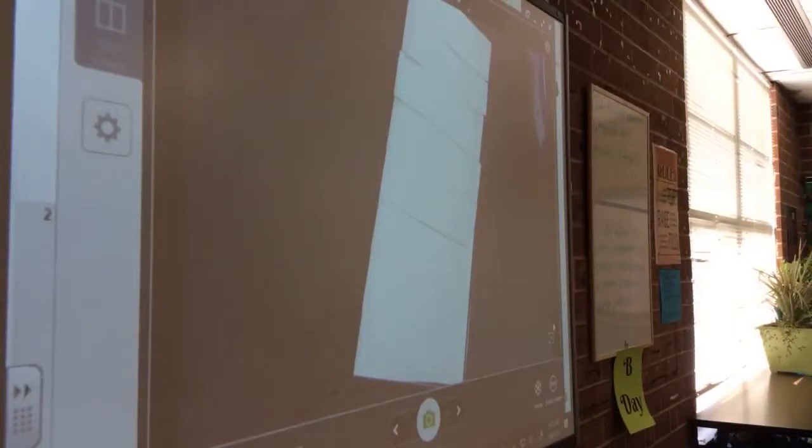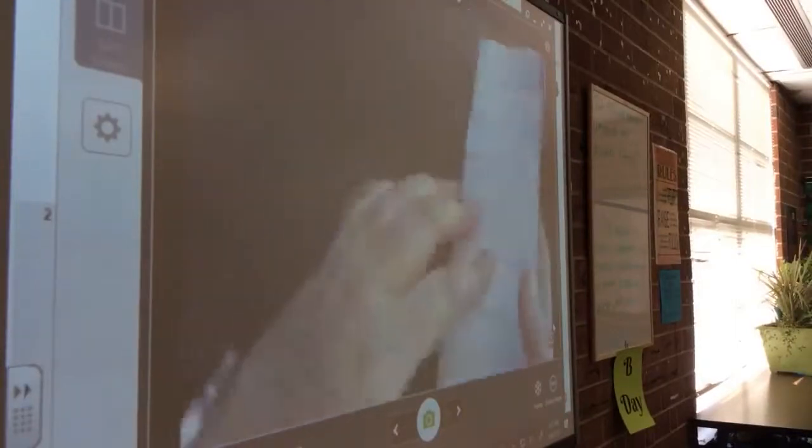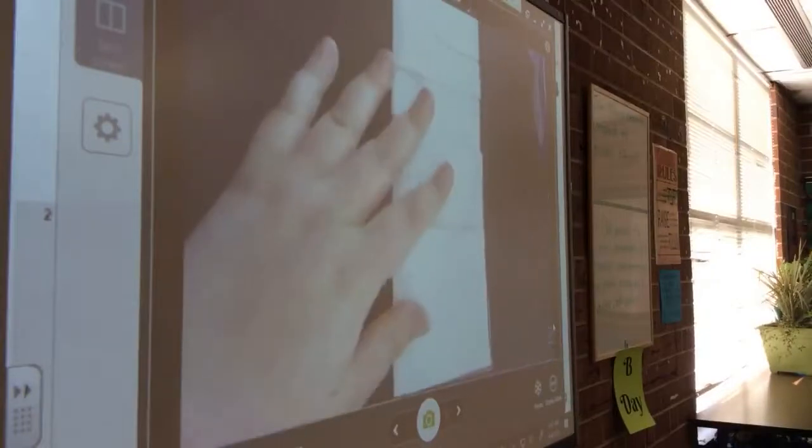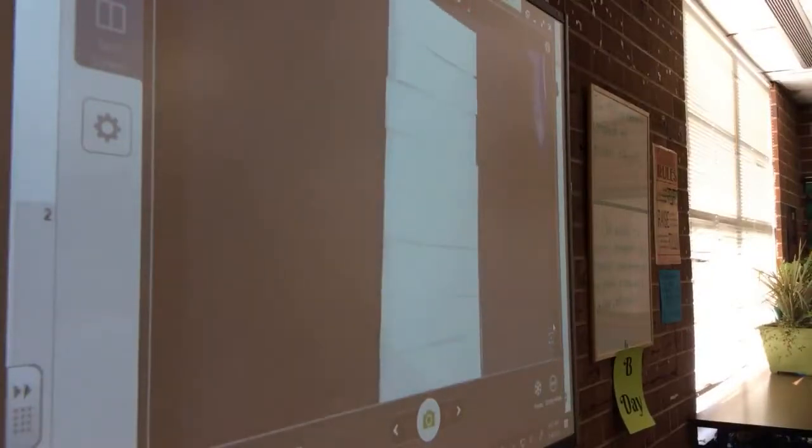And sometimes it's easier to fold the right side over to the left. However it's easiest for you. Doesn't matter to me.